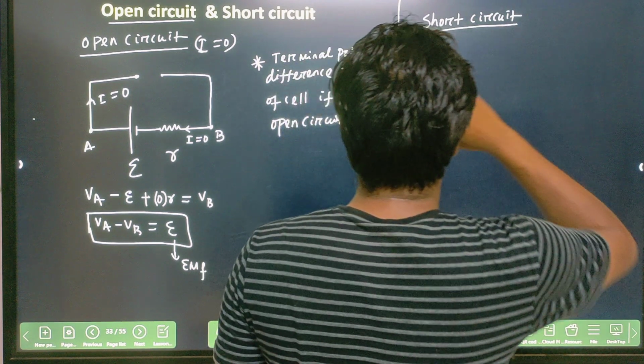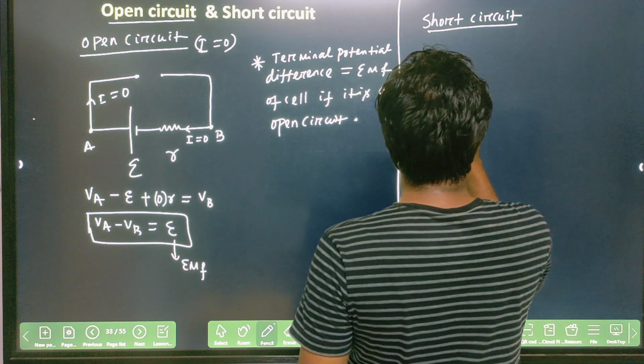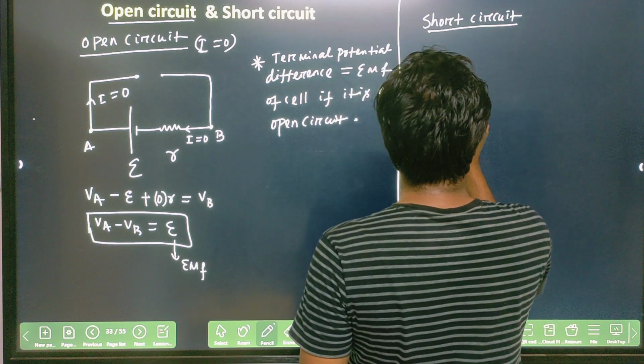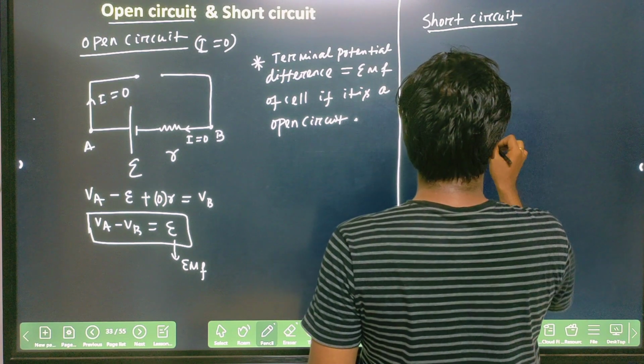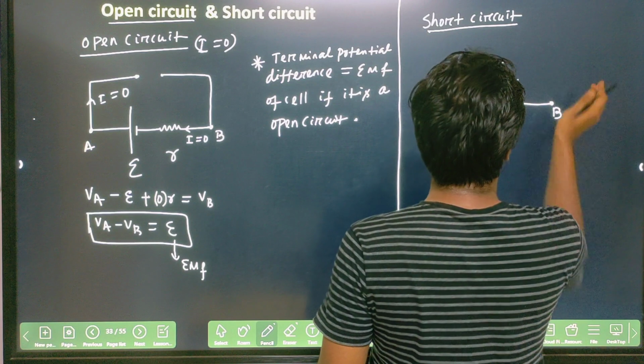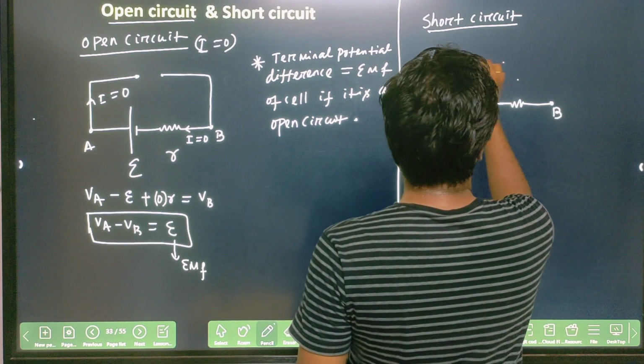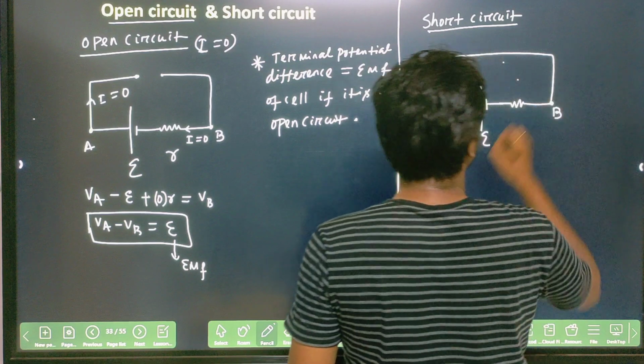Another concept is short circuit. In a short circuit, this is one terminal A, and this is the EMF of the cell, this is the internal resistance, this is terminal B, and it is connected like this.